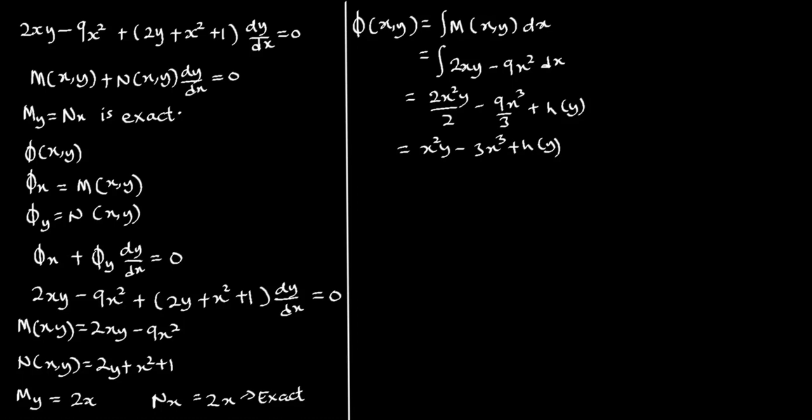When we get here, there are two things we can do to find h of y, because we know some parts of the solution but not the part with the unknown function h of y. The first thing is to differentiate phi(x,y) with respect to y.